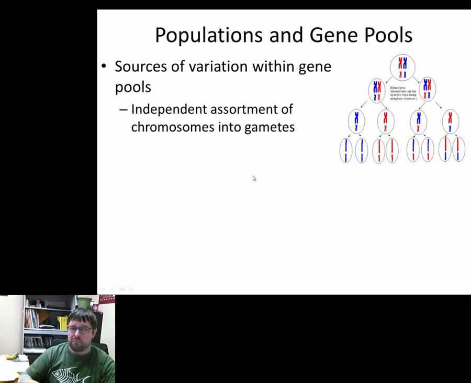To figure out how many variations you have, you can just take the number of chromosomes an organism has, and whether they've got 2 copies of each one of those chromosomes or 10 copies, whatever it is, you raise the number of copies to the power of the number of chromosomes. If they're a diploid, it's 2.